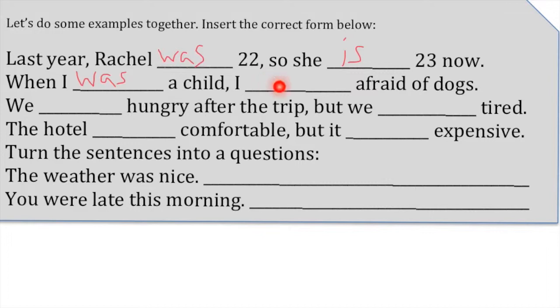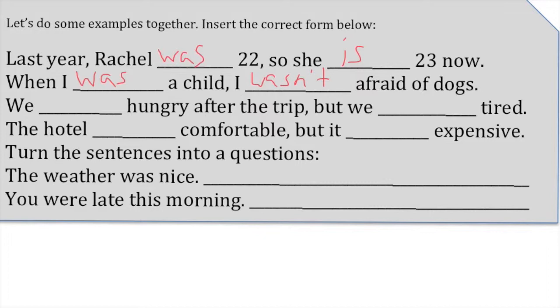I changed my mind. So this one's positive, this one's negative. So I was a child, and if you saw the first one, you realize that it's I was. This part is still was because it's an I, just like this is over here. So the sentence should read, when I was a child, I wasn't afraid of dogs.